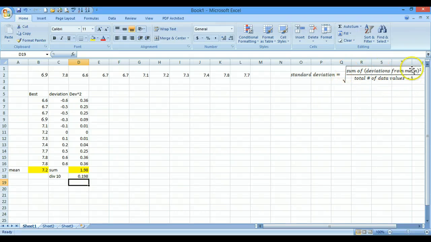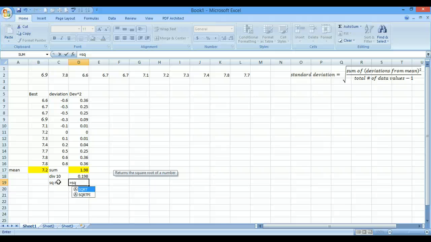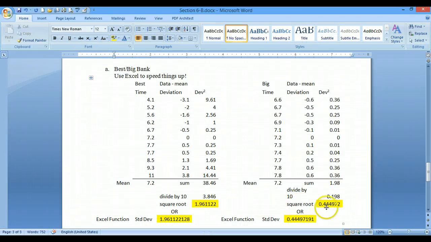Now I need to square root what I got from that. So now I'm going to put square root, and to calculate the square root, we'll press equals SQ, and it brings it up as SQRT, so I can press tab, or I can finish typing it in with an open parenthesis. I want to square root this number. I can close parenthesis or just press enter, and there we have our standard deviation right here of 0.444972.